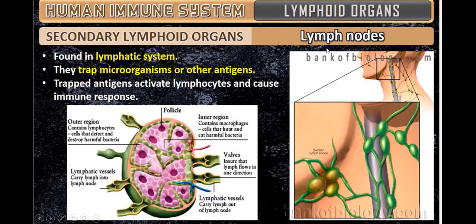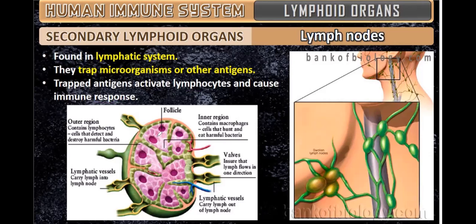Now lymph nodes. Secondary lymphoid organ is what? Lymph node. They are found in the lymphatic system. They trap microorganisms or other antigens. Trapped antigens activate lymphocytes and cause an immune response.